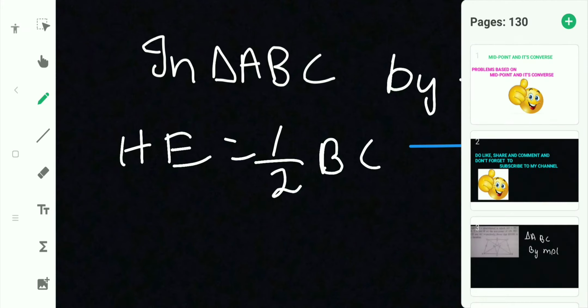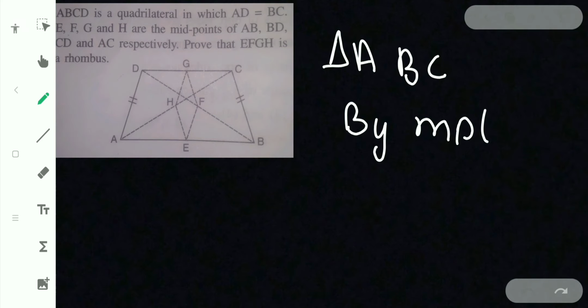Now in the same way, just consider triangle ABC. AD is equal to BC. You can see it is given in the question itself, the information is available here.